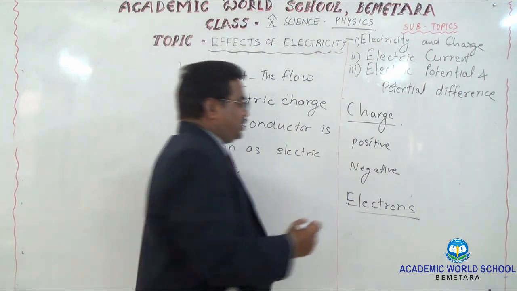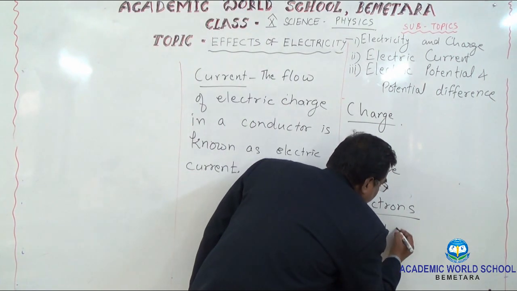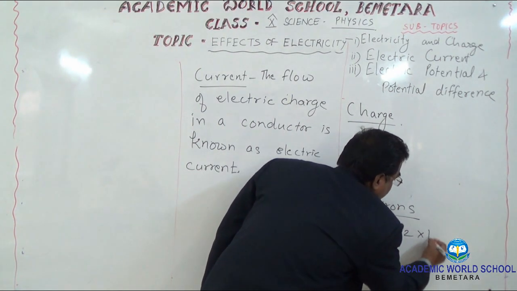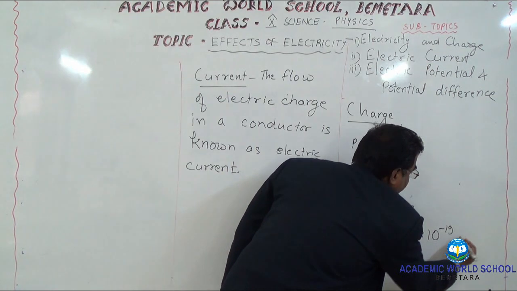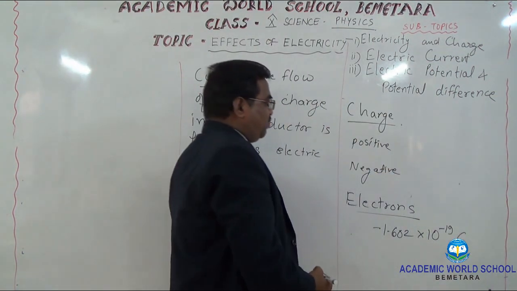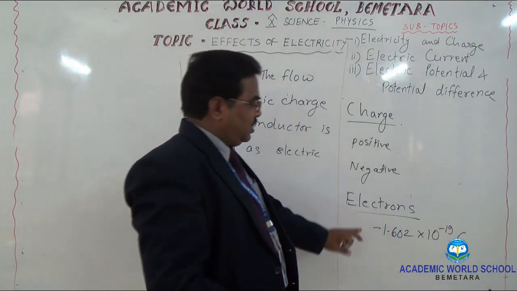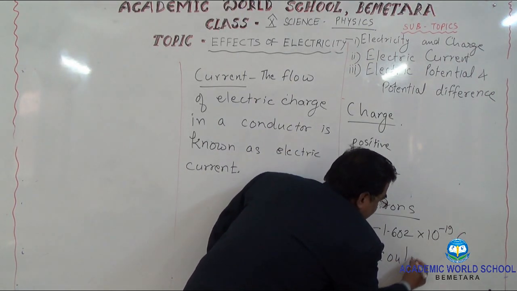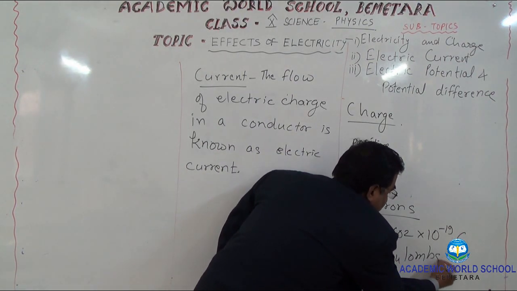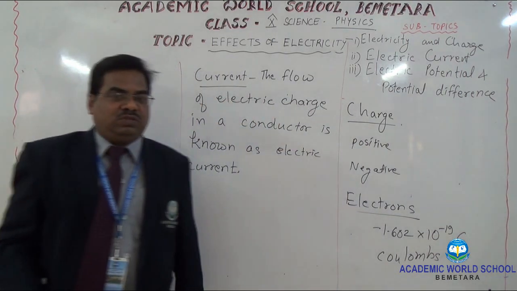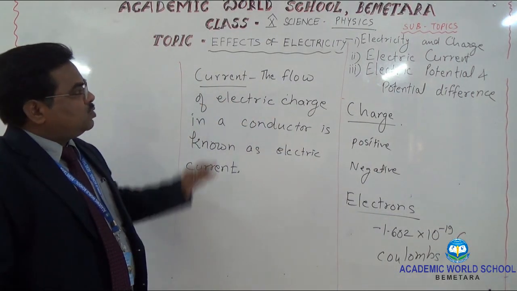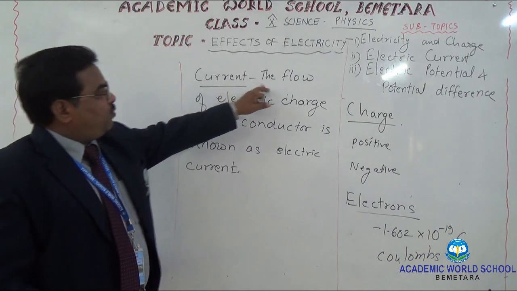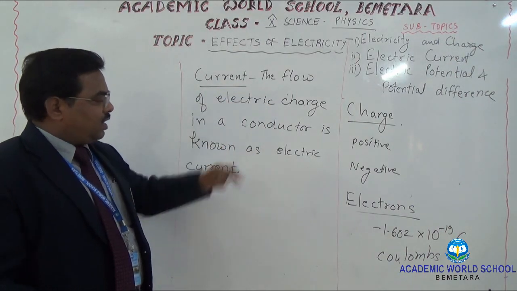The charge of an electron is minus 1.602 into 10 to the power minus 19 coulomb. The unit of measuring charge is coulomb, C-O-U-L-O-M-B. So current is the flow of charge in a conductor.